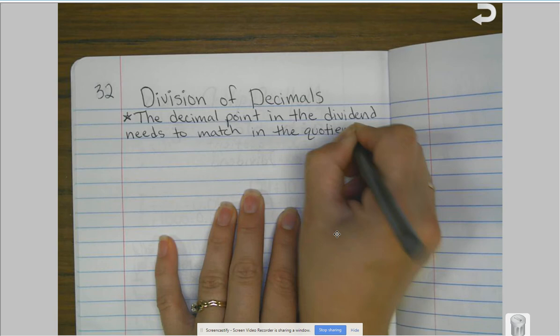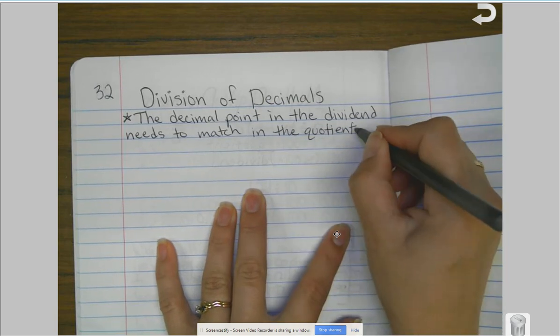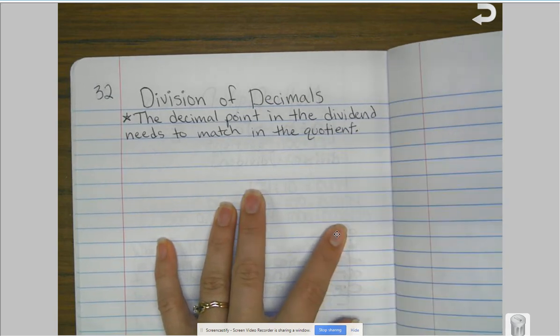Okay, decimal place value matters. We went over division before, and you remember how important it was that you lined up your place values? Same thing here, your place values have to be lined up. That means your decimals will be lined up in the answer.